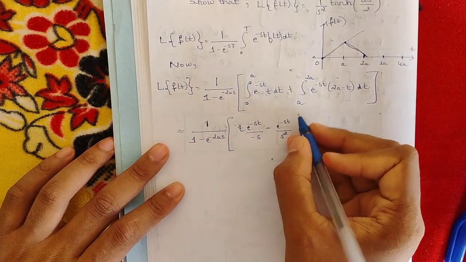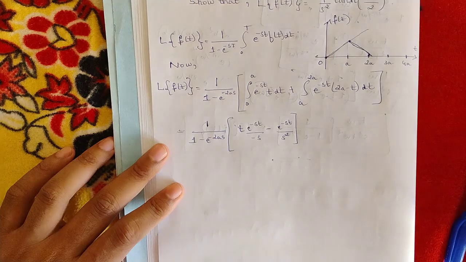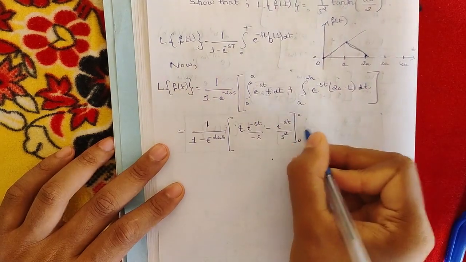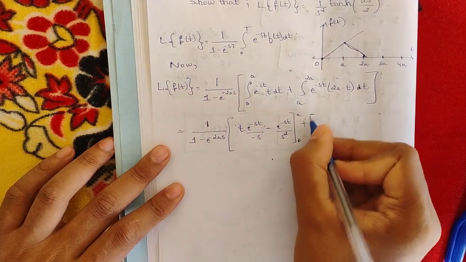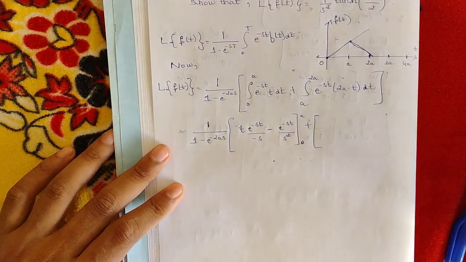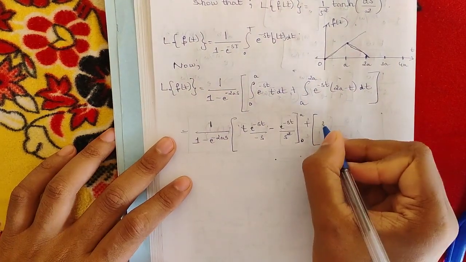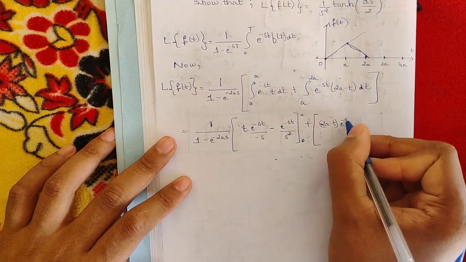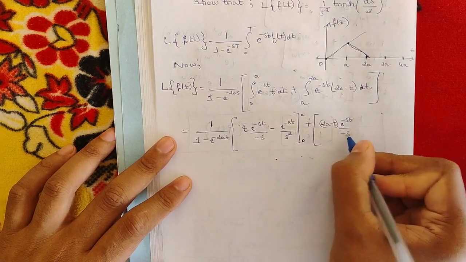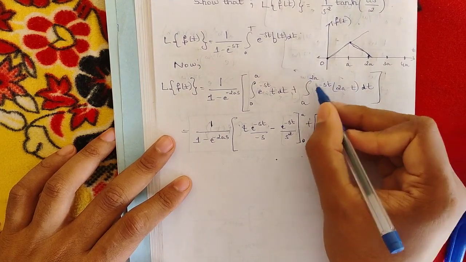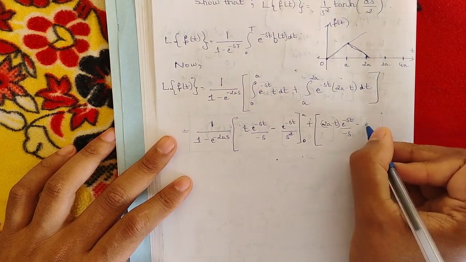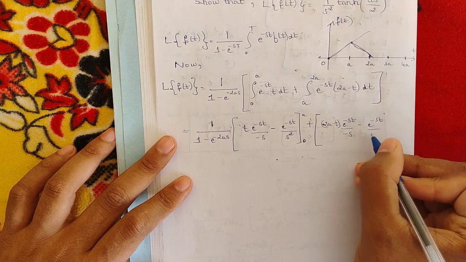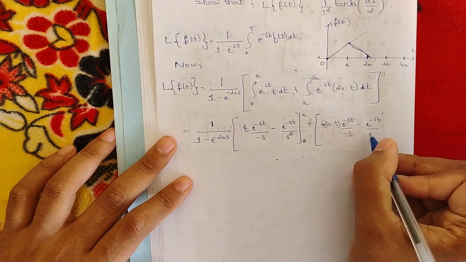So this is the first part, limits are from 0 to a, plus the second term. The same way, apply integration by parts: first function let us take 2a minus t, into the integration of the second function, that is e to the power minus st divided by minus s, minus integration of the integrated function, that is again e to the power minus st divided by s square.